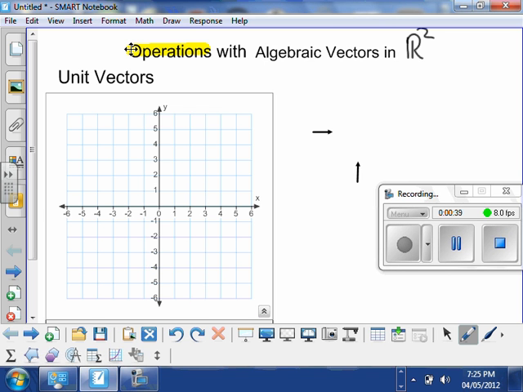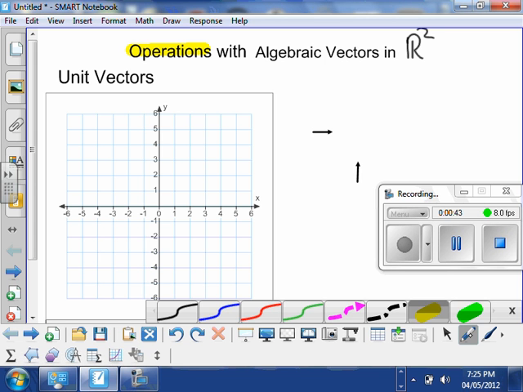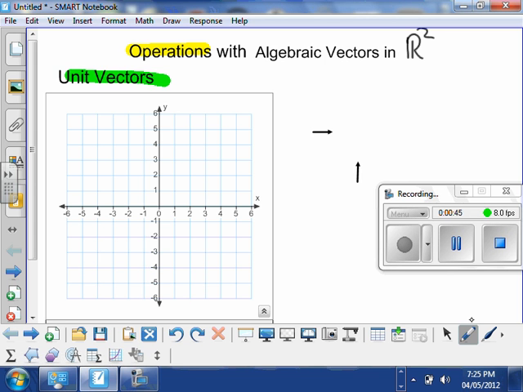But in order to accomplish this, we need to define a very special type of vectors. We need to define unit vectors. Unit tells you that the magnitude of this vector is 1. And I'm going to place these vectors in a very special way.